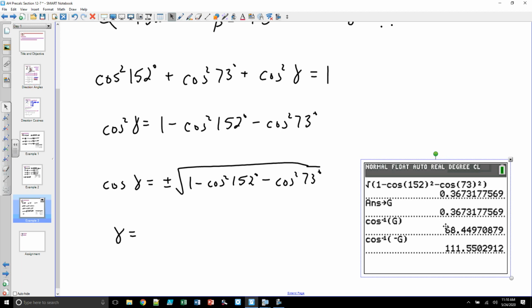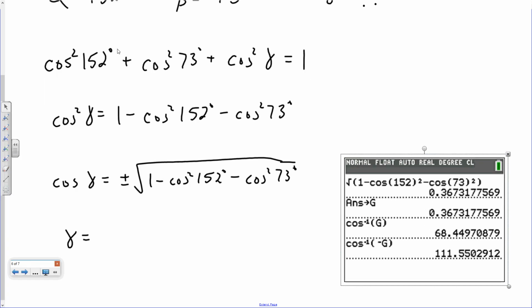Paste that in here so we can copy down our answers. Again, we have two possible answers here because this vector could be pointed in two directions from just being given alpha and beta. That does not uniquely define the vector. That's why we need all three of these.